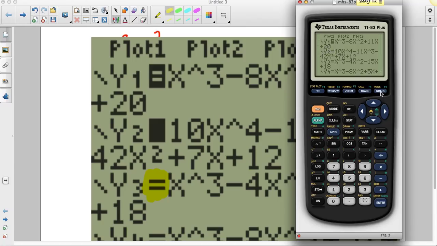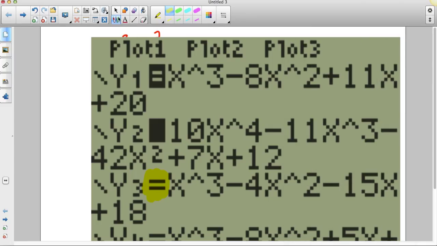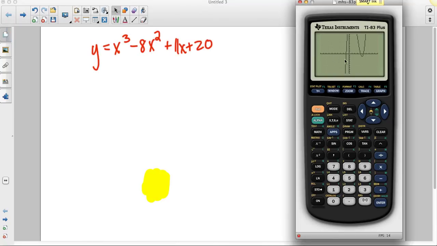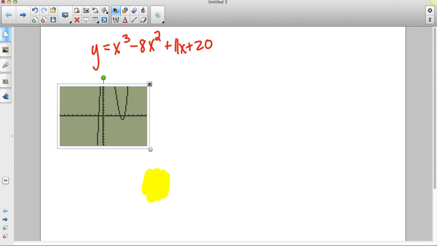Okay, so now you're going to hit graph. And I've got something else on. Didn't follow my own directions. All right, so you are looking at this right here.